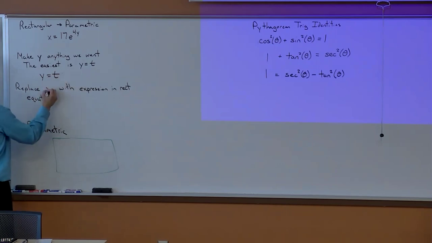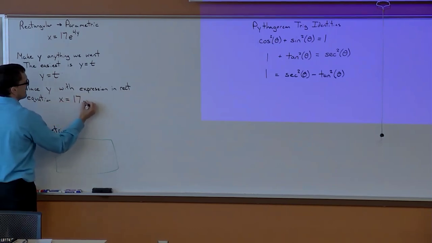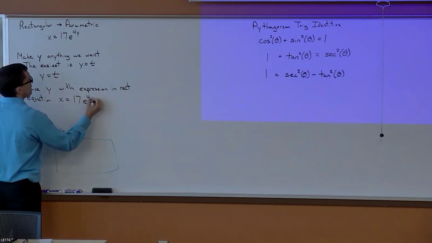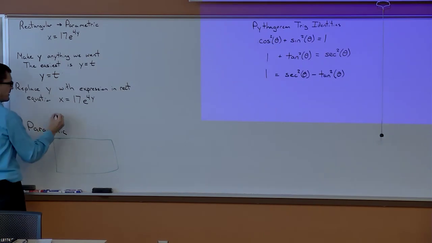we're going to replace the y with the expression in the rectangular equation. So we're going to take the x equals 17e to the 4y and replace y with that expression. And again, I chose the easiest one, y equals t.